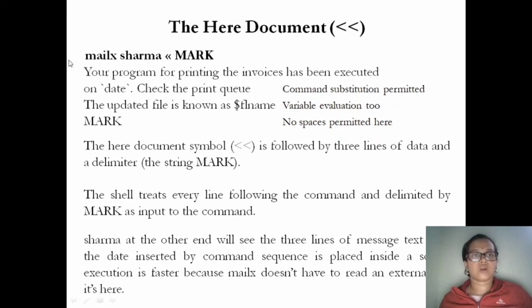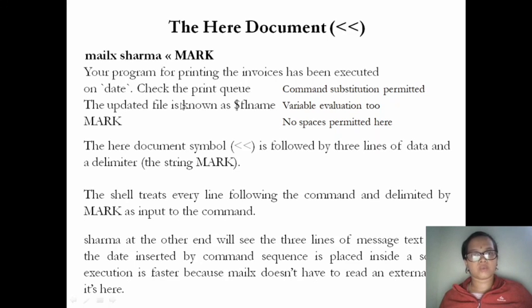Just check it out. Mailx is one command, and the two chevrons say that it is a here document. Here you can see Sharma. Your program for printing the invoices has been executed on a particular date, where command substitution is permitted in your here document.